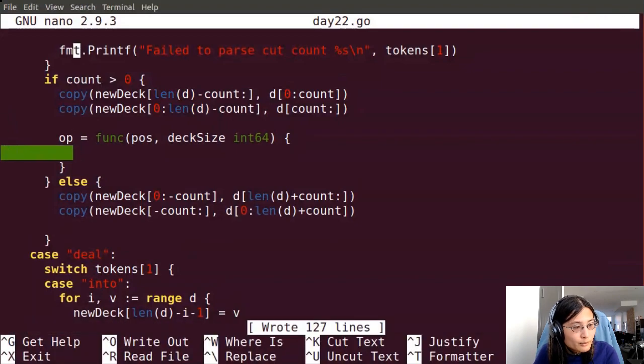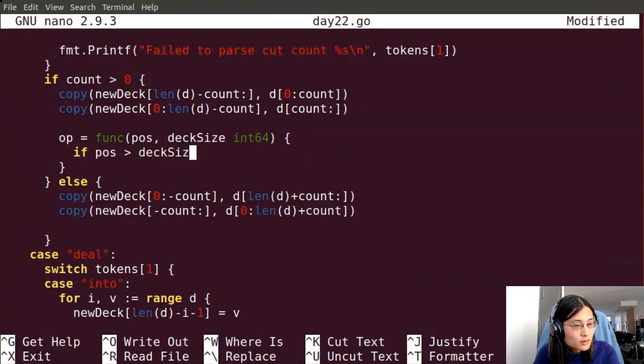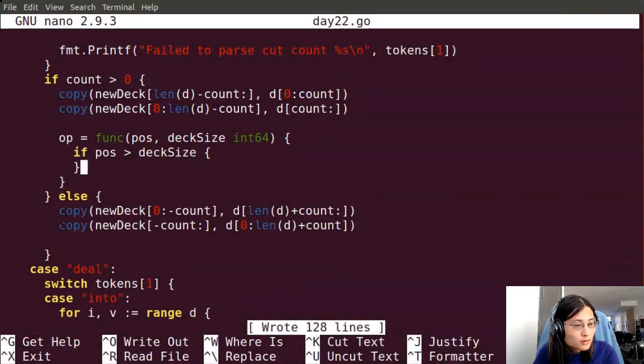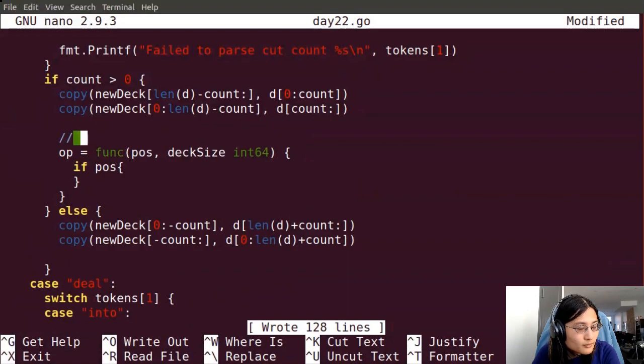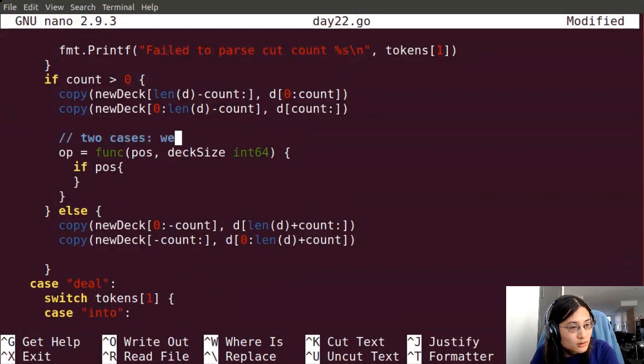So I'm told to cut with a positive size. I need to bind the count, but I think it'll be created when I create the closure. Okay. So let's think about what happens here. On the left side, okay.